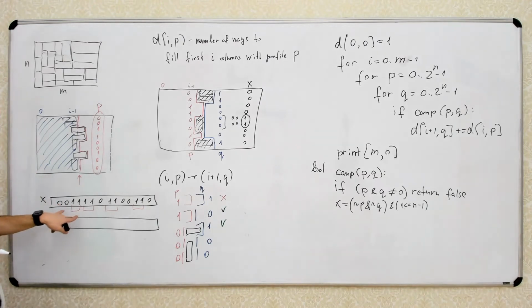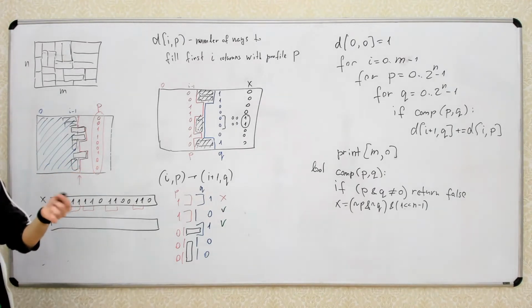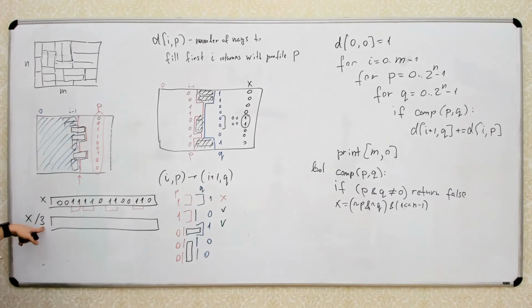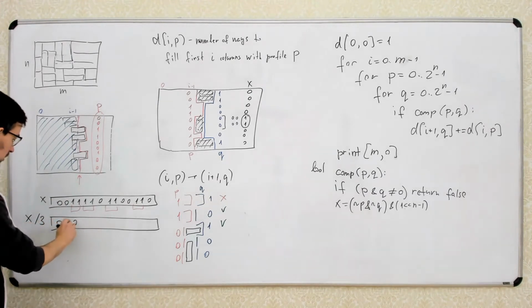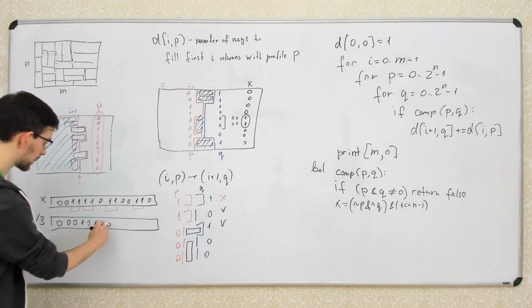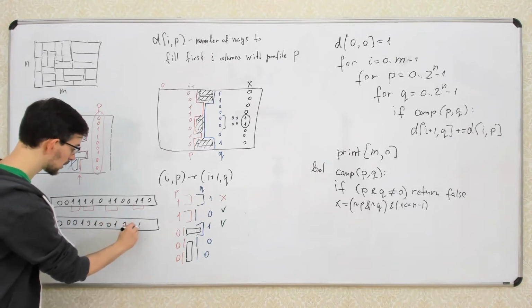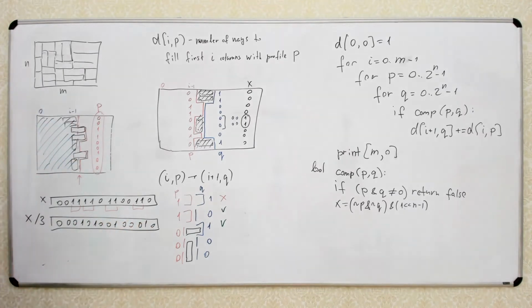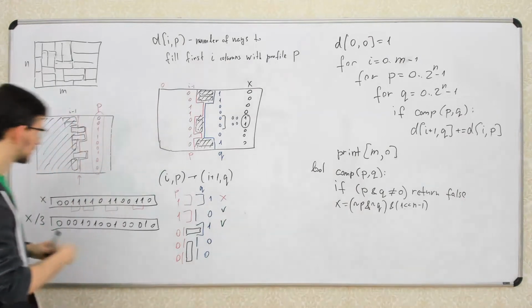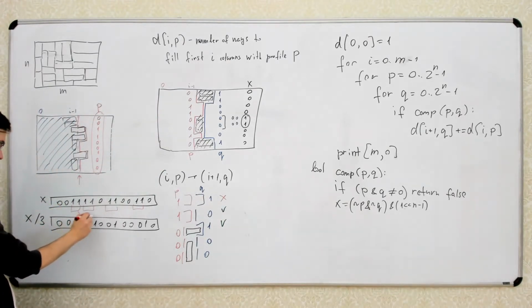Again, this pair is 1, 1 in binary, so it's 3. So if you divide it by 3, you will have 1 here, 1 here, 1 here, 1 here, and so on. For each such pair, you will have 1 bit here.